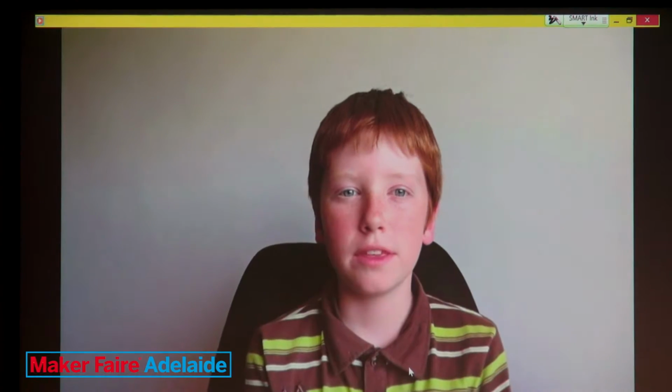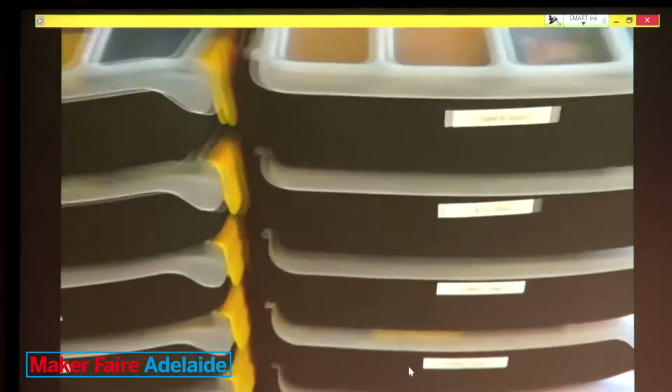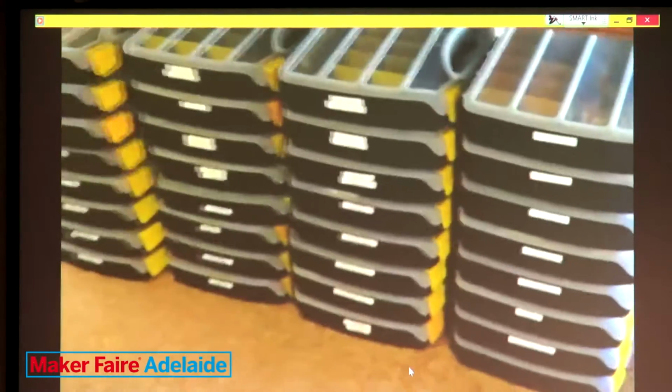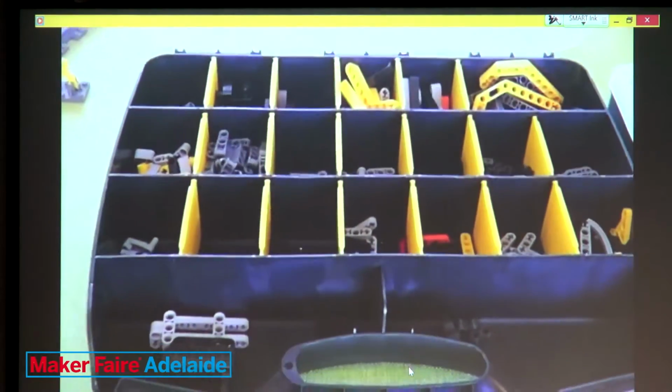One of the other things I've always loved is fiddling with Lego. Over the years, my dad and I have collected lots of Lego. We have organised it into boxes and labelled them so we can always find the piece we need.